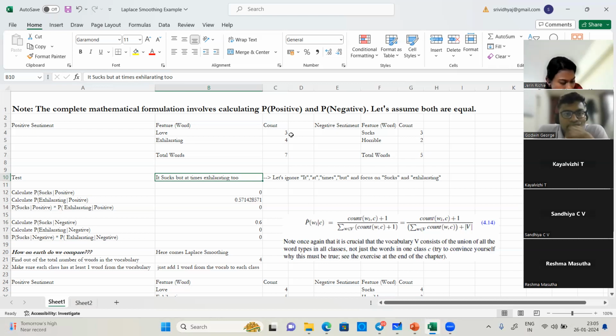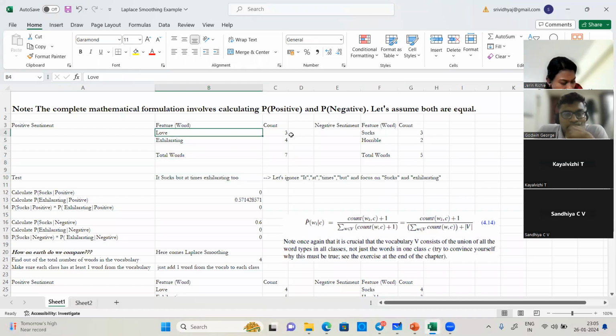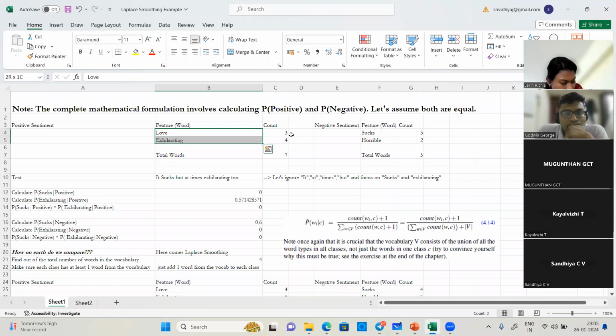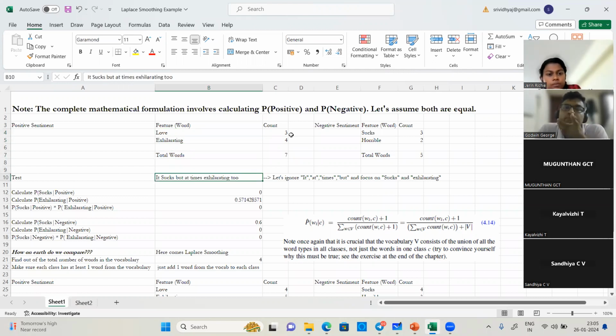Now, there are some challenges here. Let's start with the first challenge. How did we get to this? I didn't talk about that. Basically, you'll have a training set, you'll put that into the bag of words, and then you come up with all this. Now, look at these words: it, at, times, but.